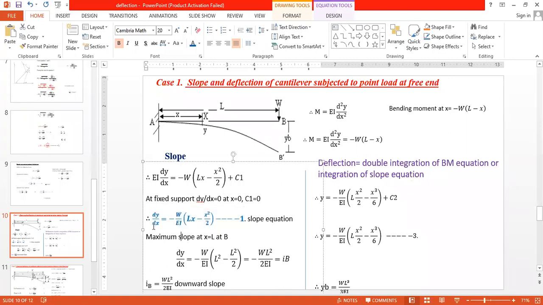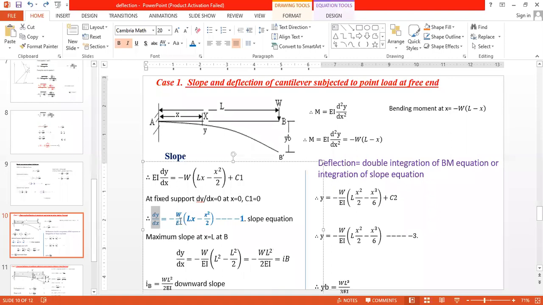Now integration of this slope equation, you can see here, integration of this term is y. Now w by EI is a constant term.